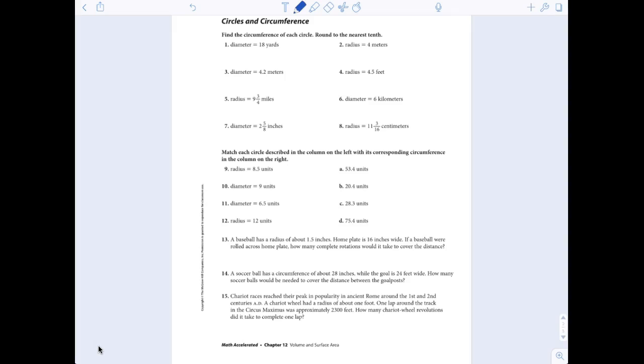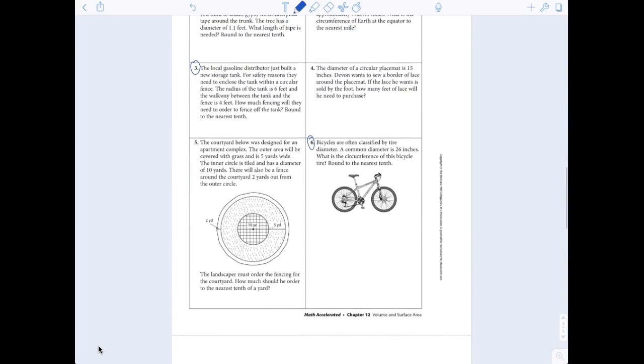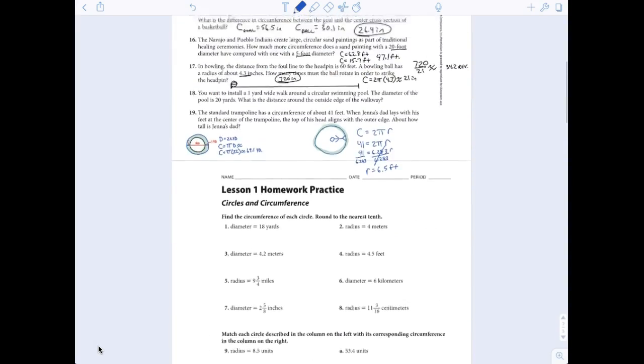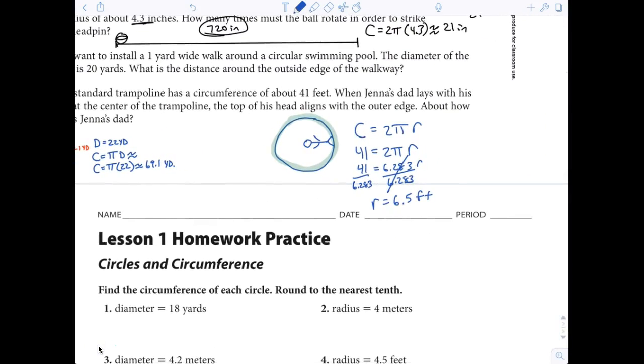You have to know it. Yeah, the second page and questions 1, 3, and 6. Good job, guys. Very good, as much as you can done right now.